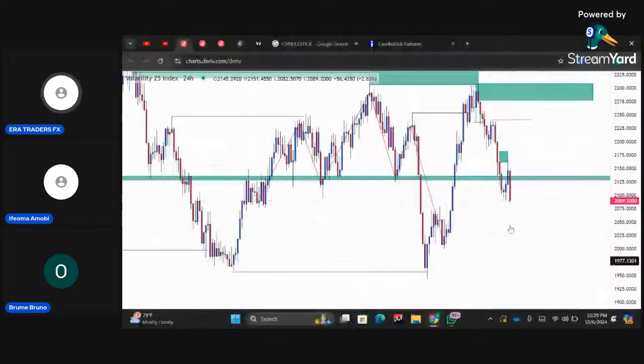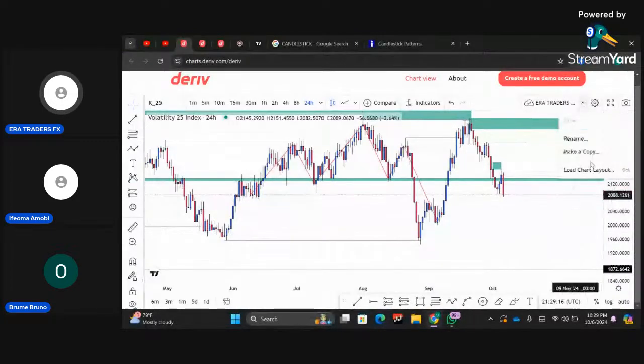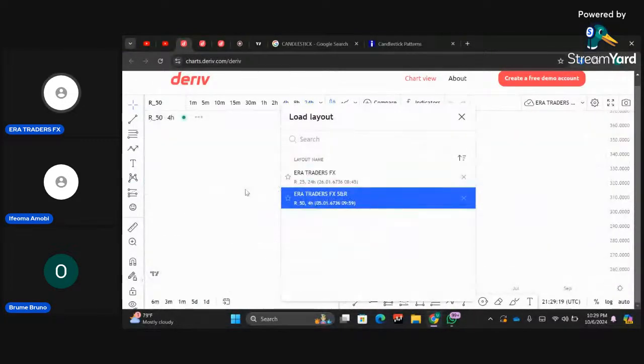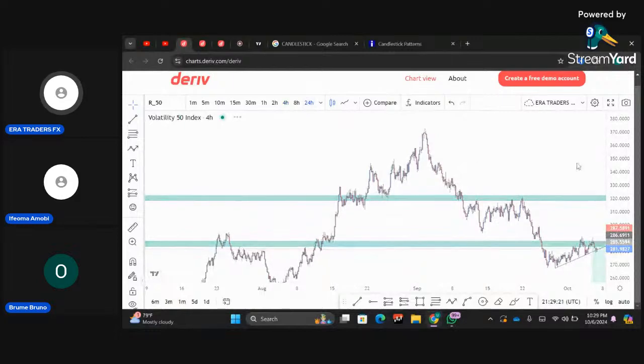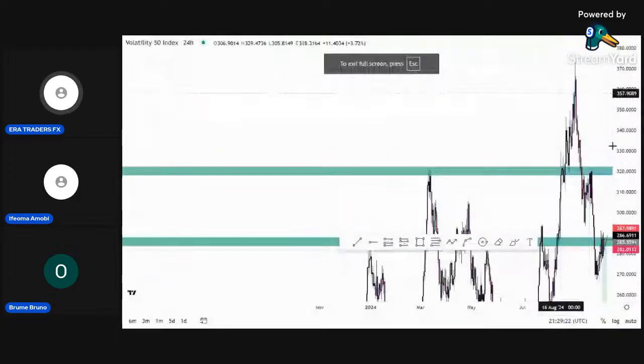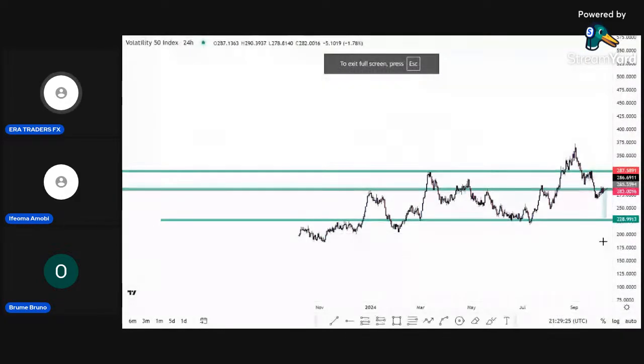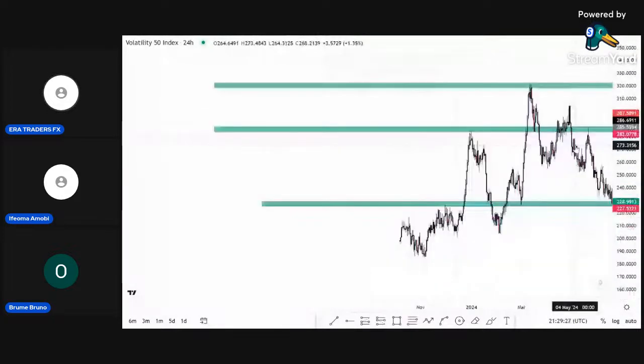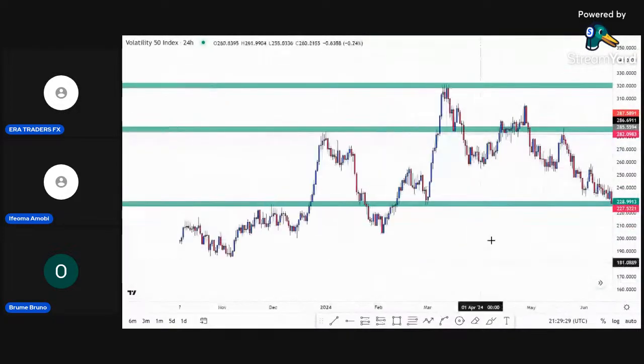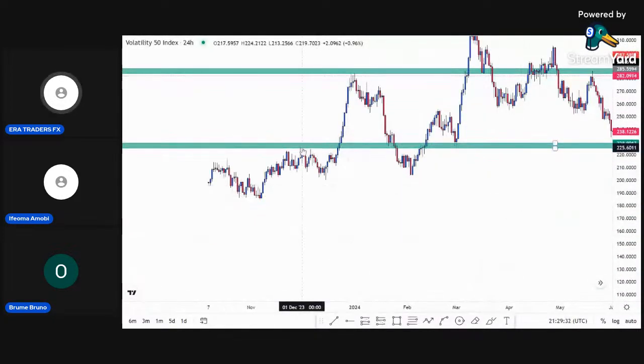So if you look at this chart, let me open one of the charts I use to draw my support and resistance from. You see that there are key levels I've already plotted. Why did I take this level? It reacted from here, came down, broke through, reacted from here, came down.